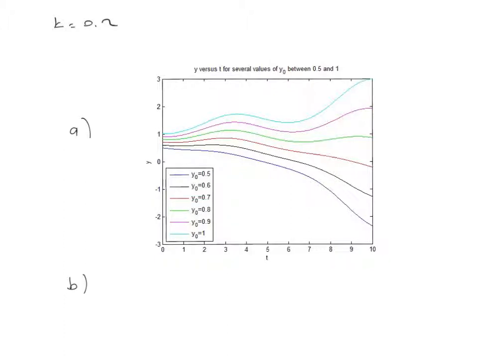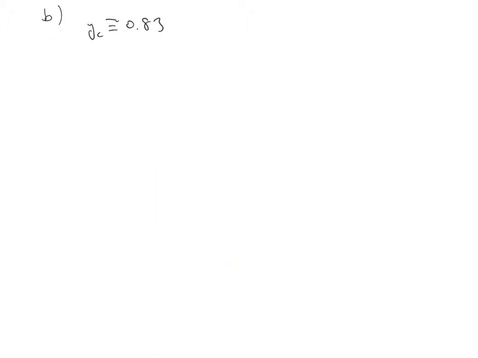By using the proper numerical calculation, you will see that the critical y value is roughly equal to 0.83 for k is equal to 0.2. And in part C, we are asked to choose other values of k and find the corresponding y critical values for each one and plot y critical versus k.